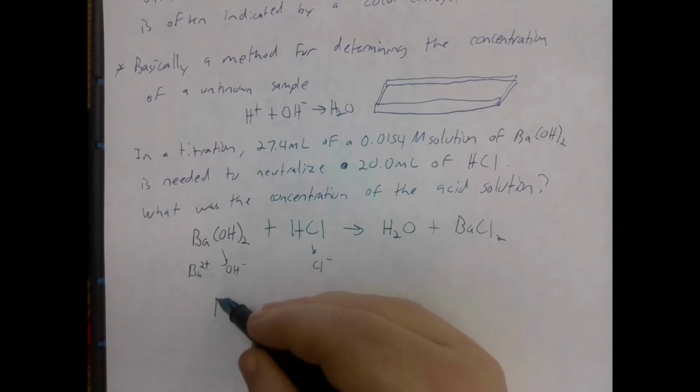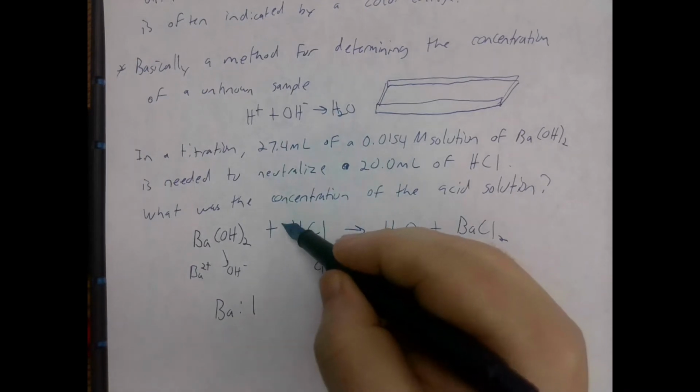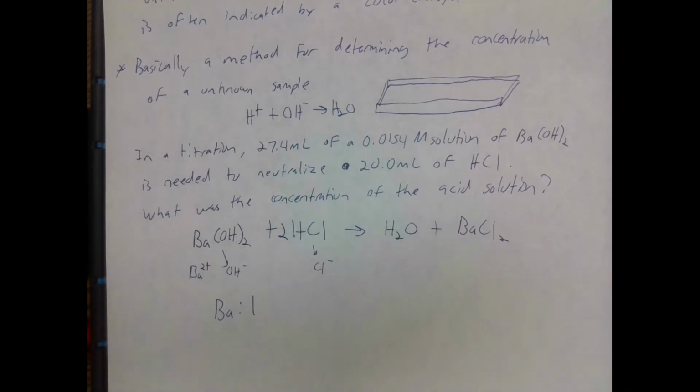So you put a 2 on HCl and put another 2 on H2O. Does that make it balanced? That would make it balanced.